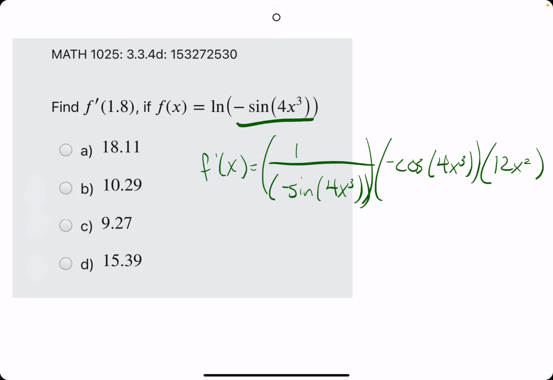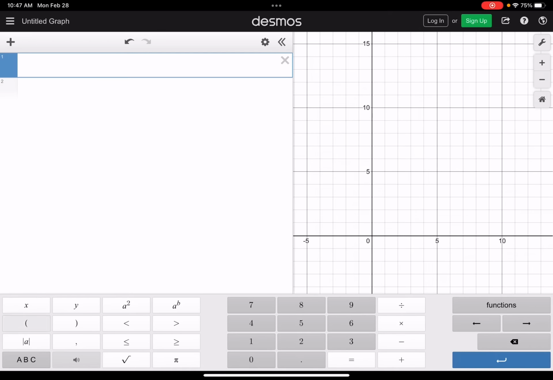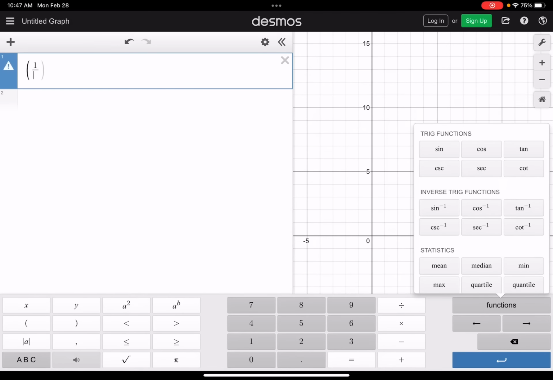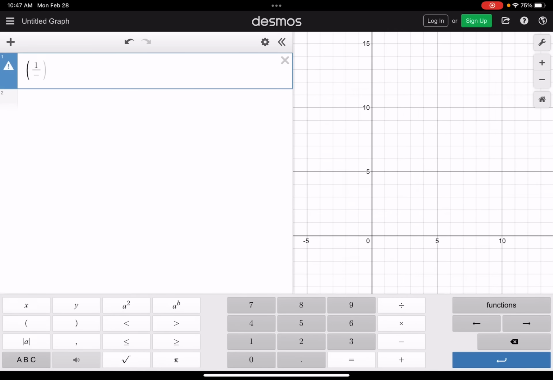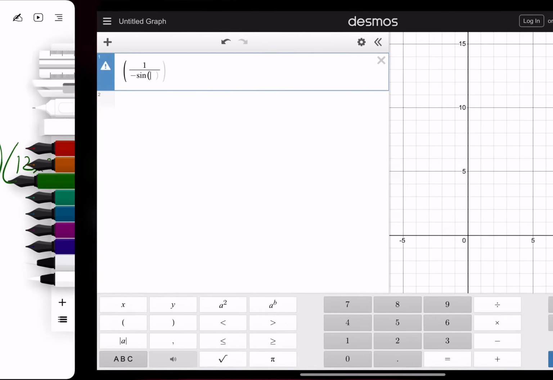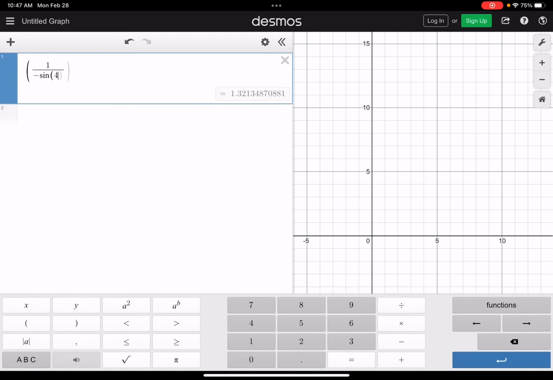Now we plug in 1.8 where we see x. So big parentheses, 1 over negative sine of 4x cubed with 1.8 in there. So 4 times 1.8 cubed.